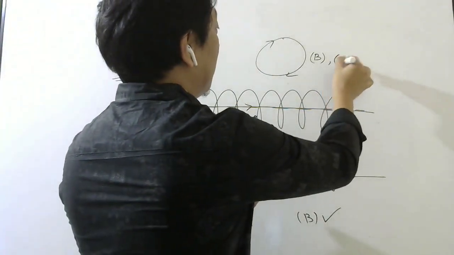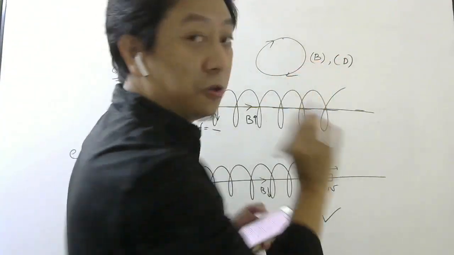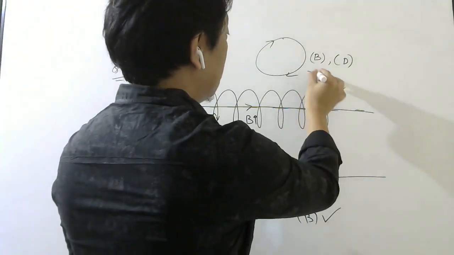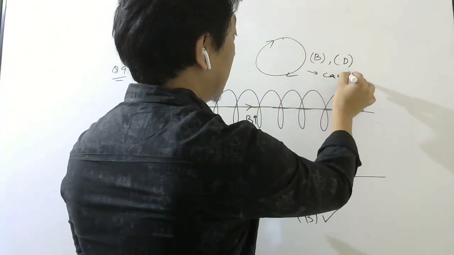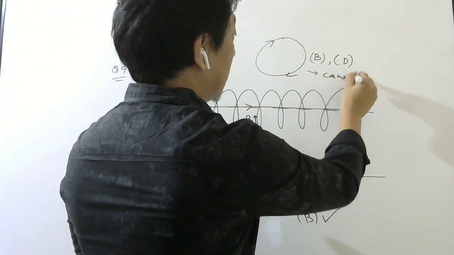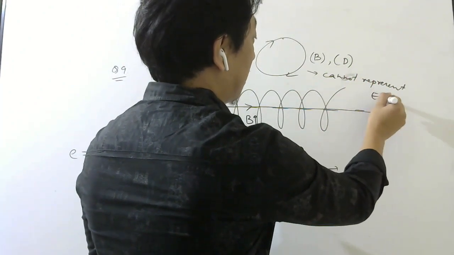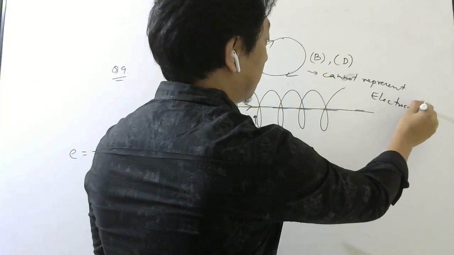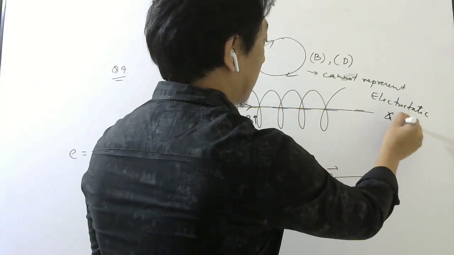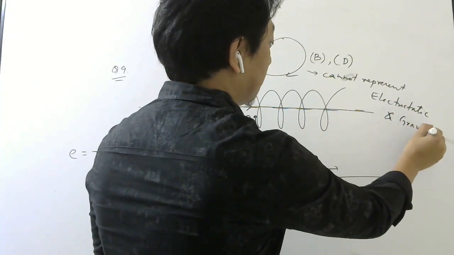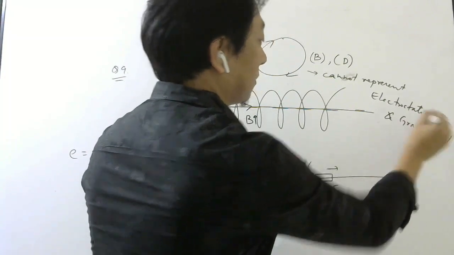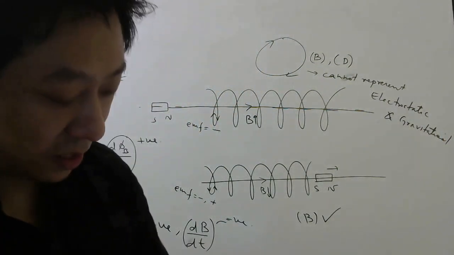So B and D. So closed loops cannot represent electrostatic field lines and gravitational field lines, since they are conservative in nature.